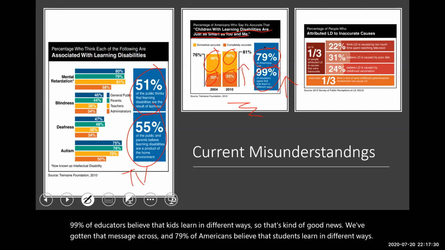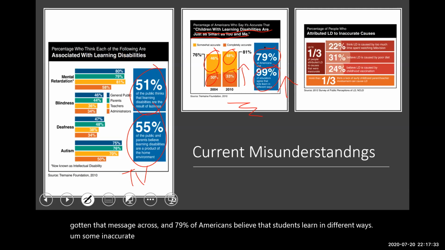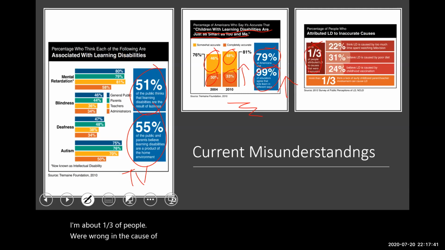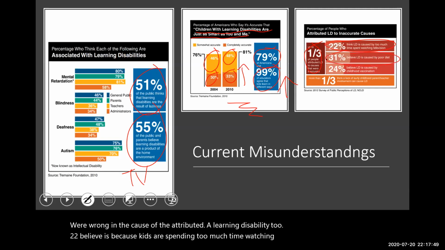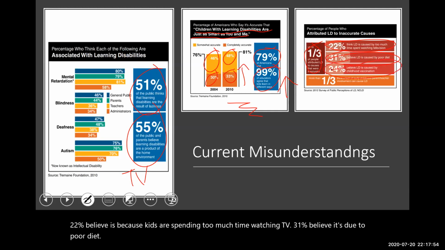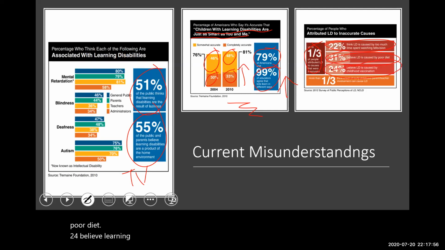Some inaccurate attributions for the cause of disorders. About a third of people were wrong in the cause that they attributed a learning disability to. 22% believe it's because kids are spending too much time watching TV. 31% believe it's due to poor diet. 24% believe learning disabilities are caused by vaccinations.